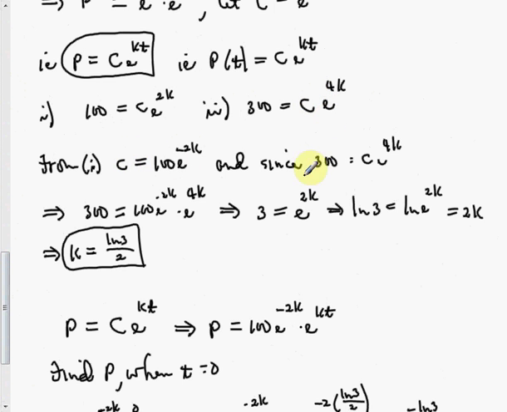So I did that. So we said since 300 is equal to c times e to the 4k, replace this c with 100 times e to the negative 2k. From there, just solve for k. Just divide both sides by 100. You can combine those exponents there. And then I think over here we just took the natural log of both sides.